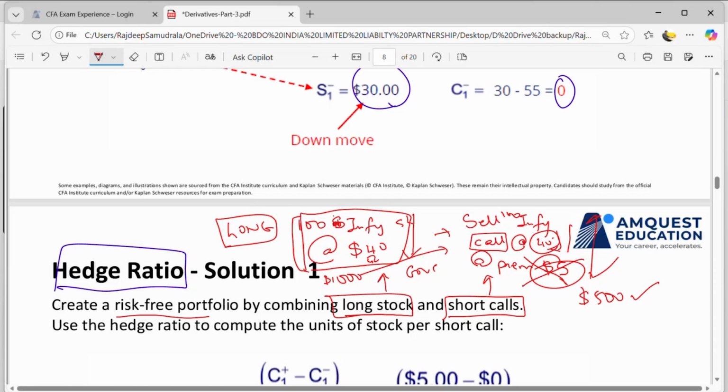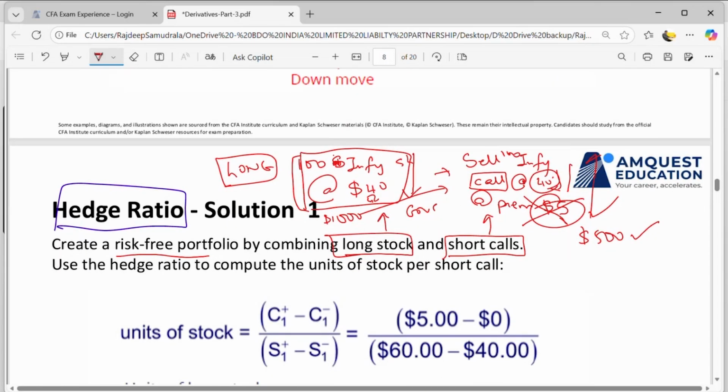So it's not 1-to-1. So how will you come to know how much to short sell? Simple. Look at the ratio formula. The ratio says how many stocks you'll sell. It is nothing but the difference in the call price upon the difference in the stock price. This is called hedge ratio. As simple as that.